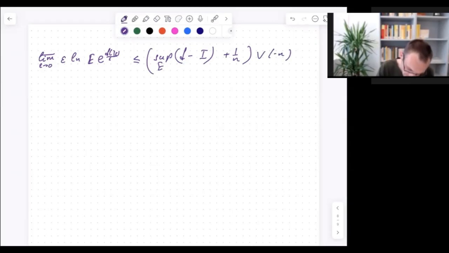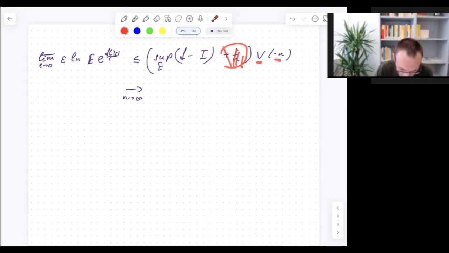And you see that the left-hand side is independent of n. And here you have n, so therefore you can make n going to infinity. And then 1 over n again goes to 0. Therefore, here this term will disappear. But here you take the maximum with minus n. So therefore, when you make n go to infinity, this part goes to minus infinity.